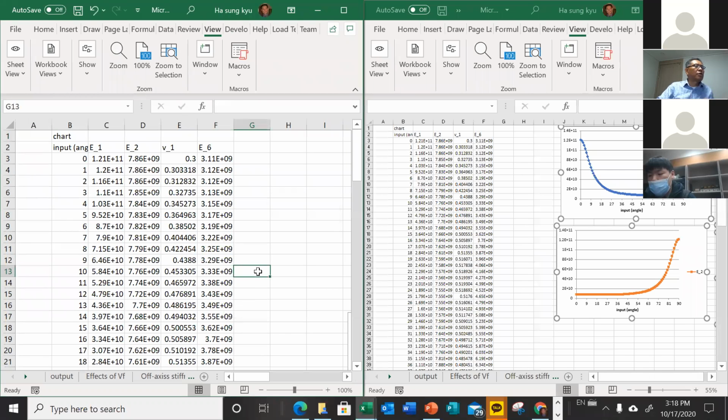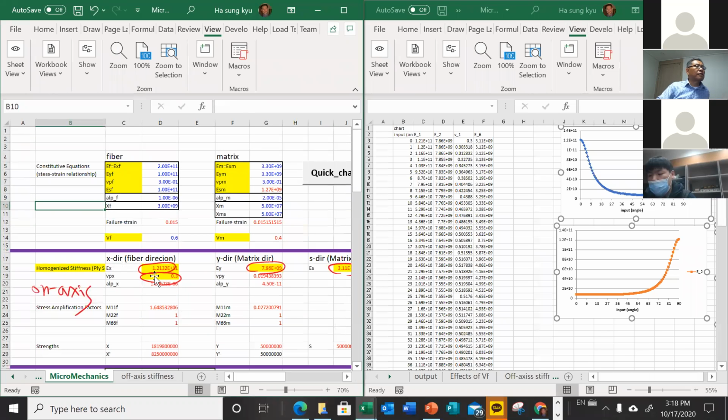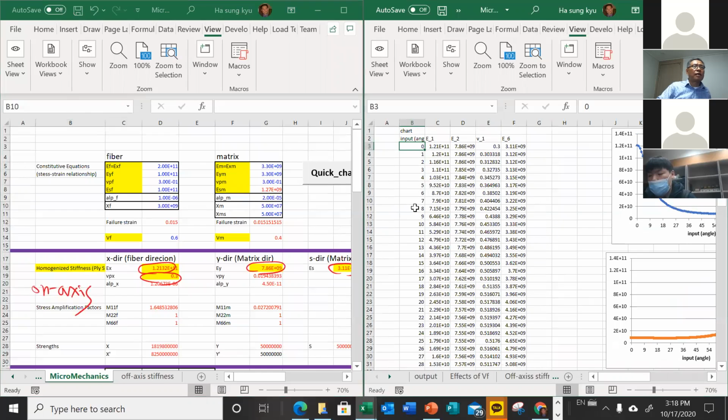Okay, so I will open the same worksheet in two different windows, and here, as you can see, EX, EY, and so on. And here, I just want to double check again.